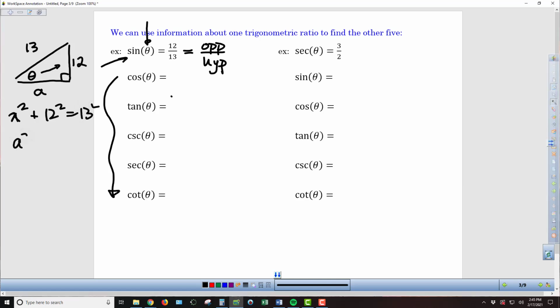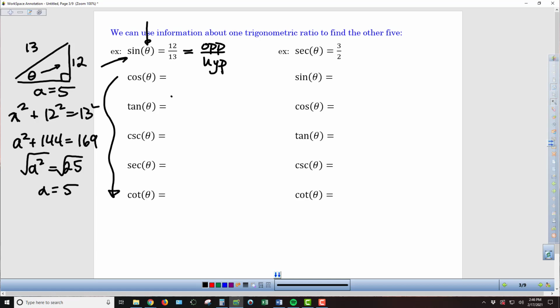So that means we have A squared plus 144 equals 13 squared, which is 169. If we then subtract 144 from both sides, we get 25. And so then if we take the square root of both sides, we get that the adjacent side equals 5. A equals 5.